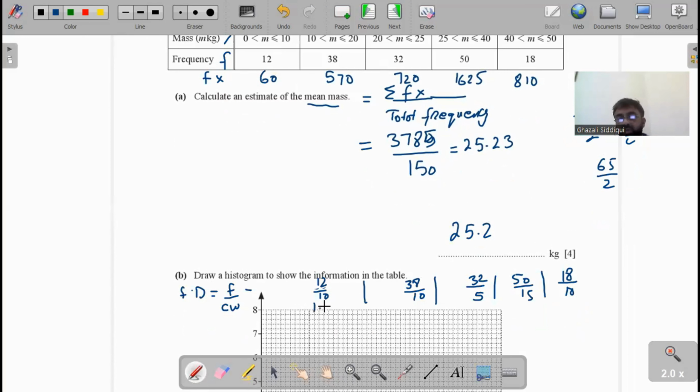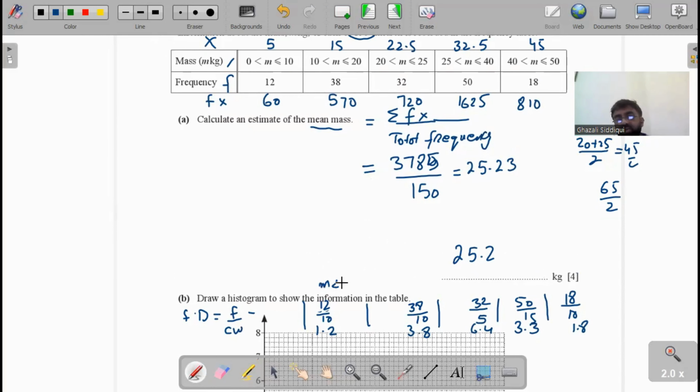Now these values are equal to 1.2, 3.8, 6.4, 3.33, and 1.8. The intervals are 0 to 10, 10 to 20, 20 to 25, 25 to 40, and the last is 40 to 50.